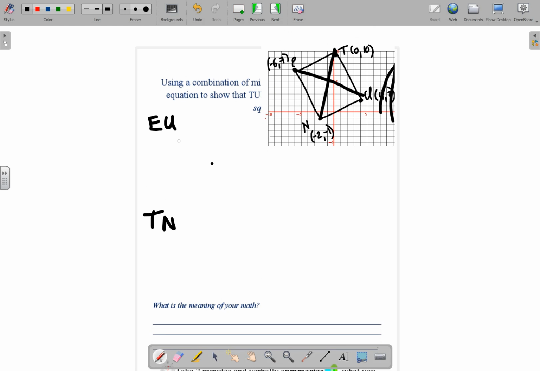Okay, so we're going to set up our templates here. The first thing we're going to prove is that these diagonal lengths are equal. So E to U, go ahead and make your template, and then T to N, make your template.